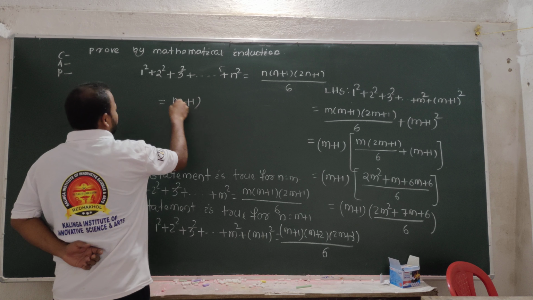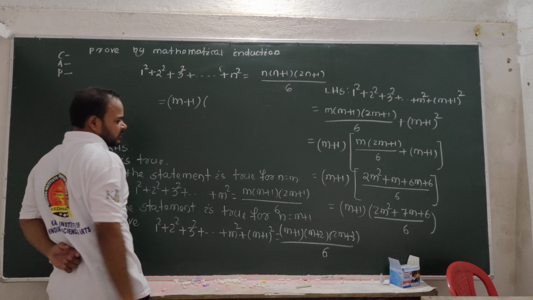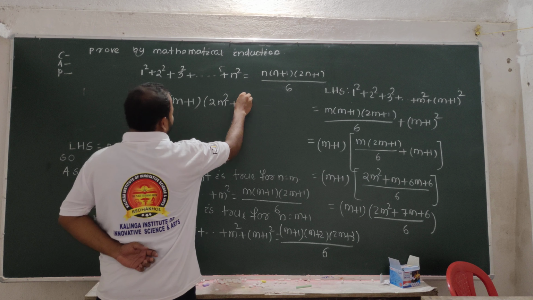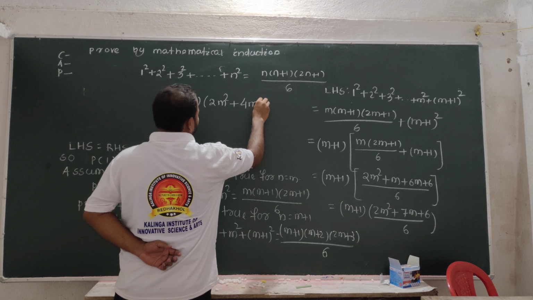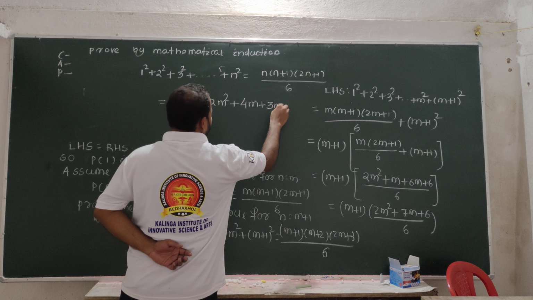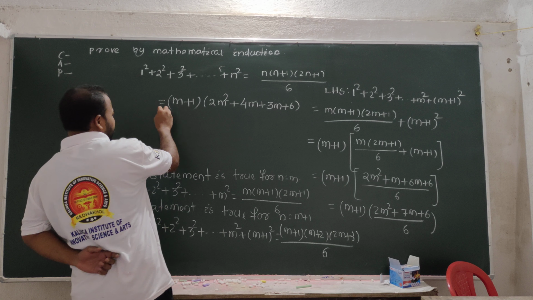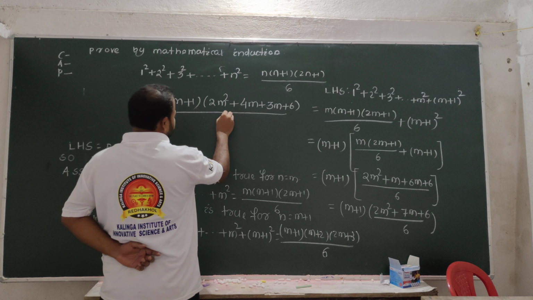This is equal to m plus 1 into 2m square plus 4m plus 3m plus 6, where we write 7m as 4m plus 3m, upon 6.